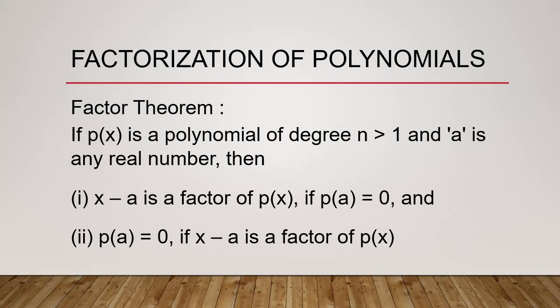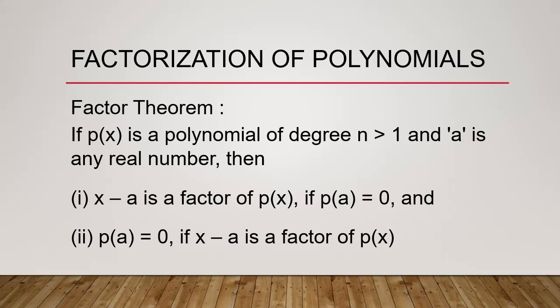Now, moving to the next topic of polynomials, it's factorization of polynomials. Factorization of polynomials can be done by using either factor theorem or by using identities. In this slide, we will discuss factor theorem. If p of x is a polynomial of degree n greater than 1 and a is any real number, then point number 1: x minus a is a factor of p of x if p of a equals 0.